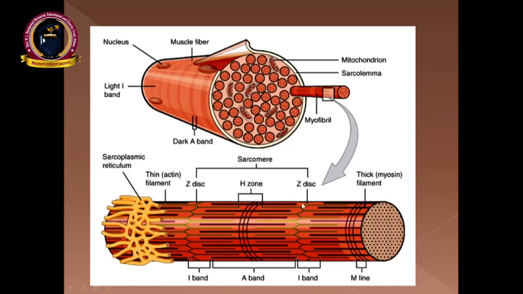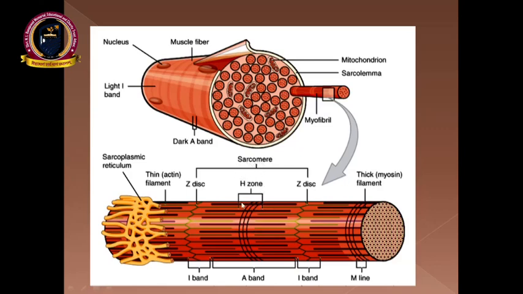All the actin filaments are attached to a zigzag line that is called the Z line, and there are so many Z lines all along the length of the myofibril. Okay, the part of the myofibril in between two Z lines is called one sarcomere. Okay, it's one sarcomere.